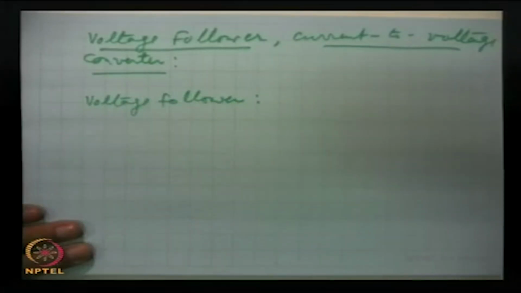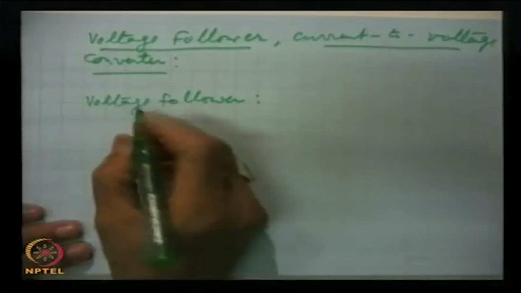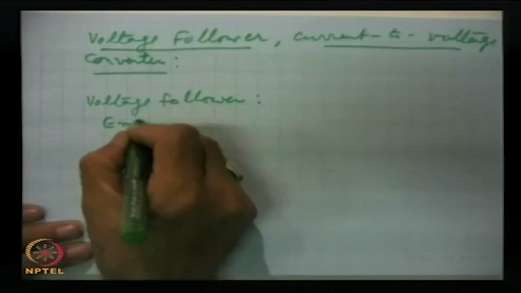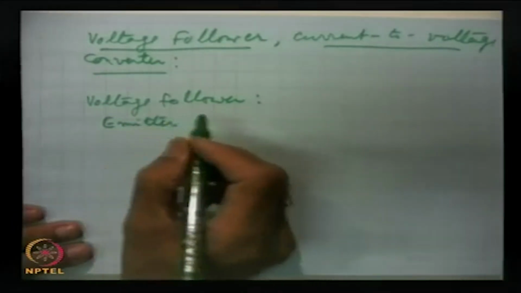Voltage follower is a synonym to what we have done as emitter follower. In discrete circuits with a BJT, we had the emitter follower.